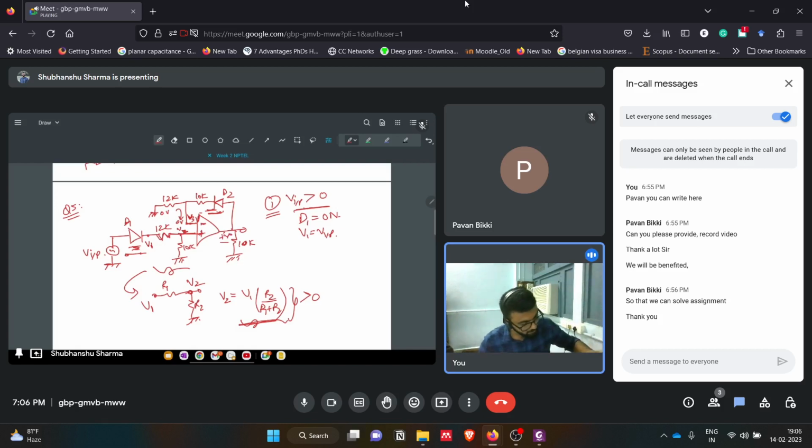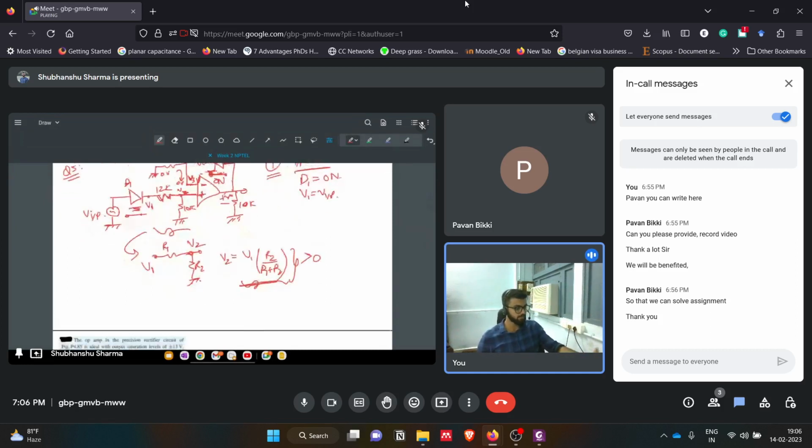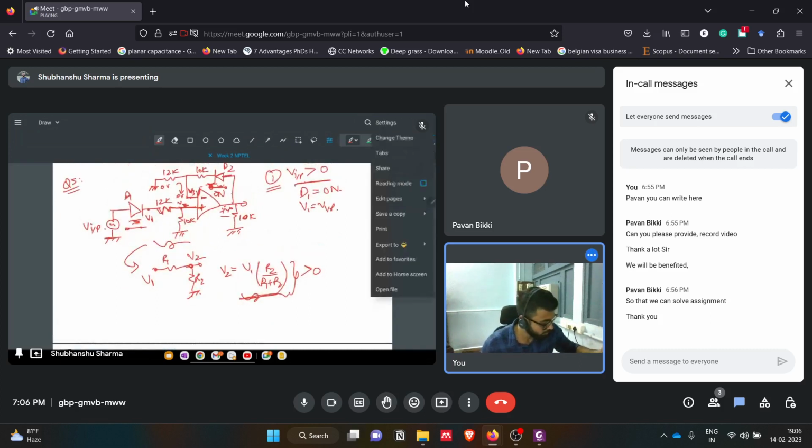This side of the diode is facing the positive output, so this will become on. This process gave us the idea that D2 was in the on condition.